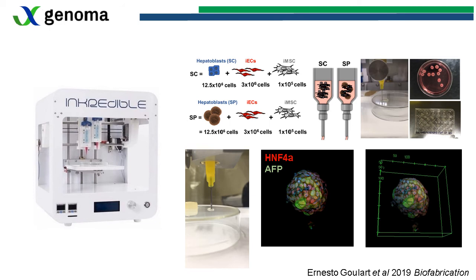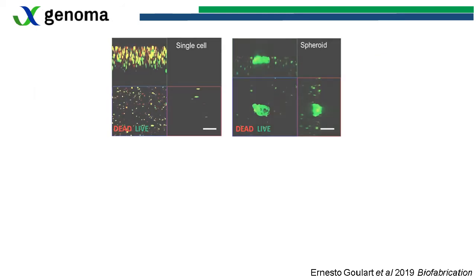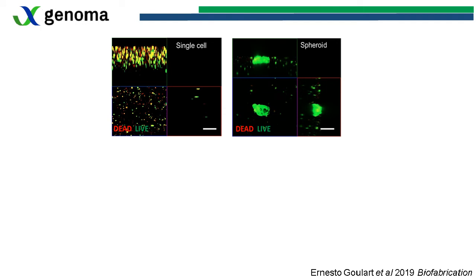So let's see how these two experimental groups perform over long periods of time in culture. First we need to check the viability of the construct, to see if the cells do survive over time.